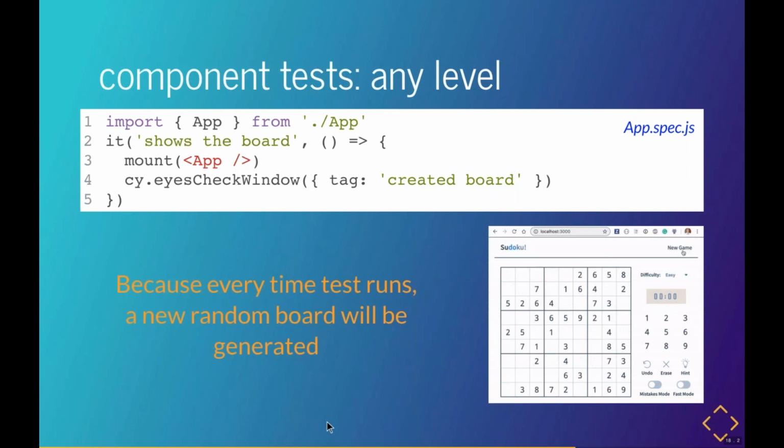Yeah, and unfortunately, in this case, just like the end-to-end test, we will hit the same problem. Every time a test runs, there is a new random board, and like Gil showed, we can ignore it, but if we ignore something, there might be problems there. So component testing allows us to solve this problem easily.